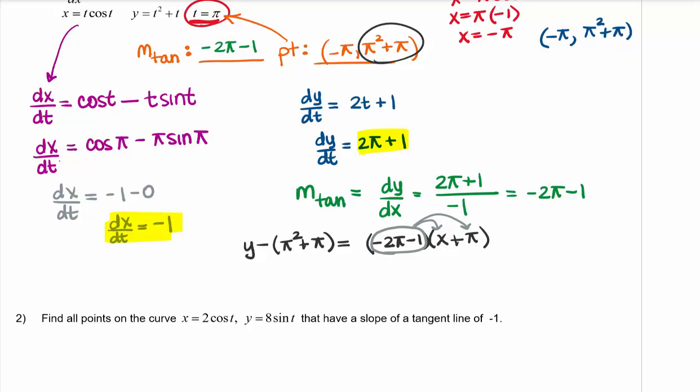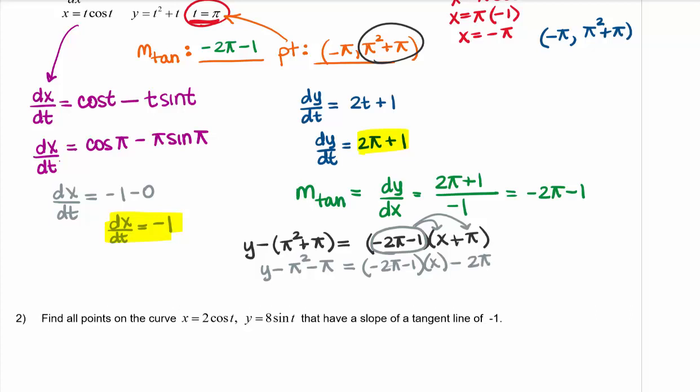So I will distribute this negative on the left so I can eventually combine all of those terms to the right. This will be -2 pi minus 1. I'm going to keep the parentheses times x so I can see the slope of my tangent line is still there. But then I will distribute this to that pi. So it'll be -2 pi squared minus pi.